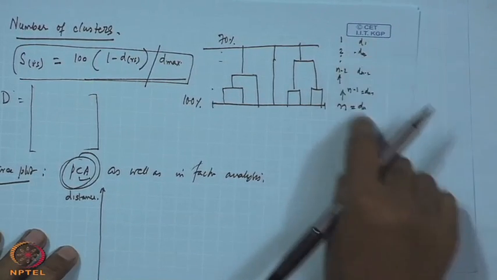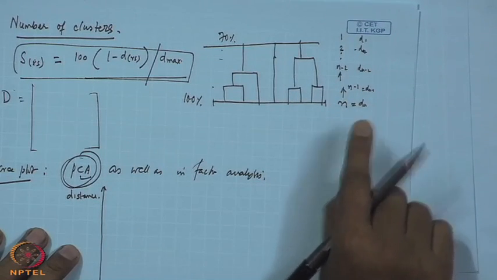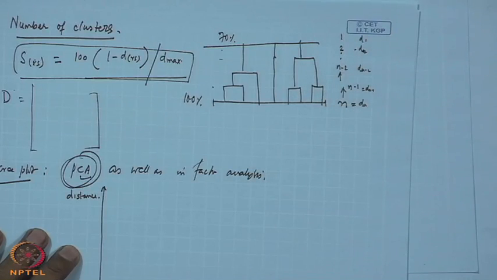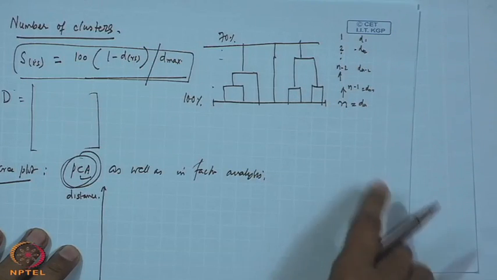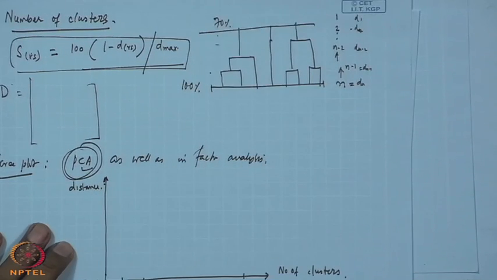Now, what will be this distance? It all depends on which linkage method you are using. If you use the single linkage, that means the minimum distance amongst the members of the groups. If you use complete, that is the farthest linkage, that will come on this side.